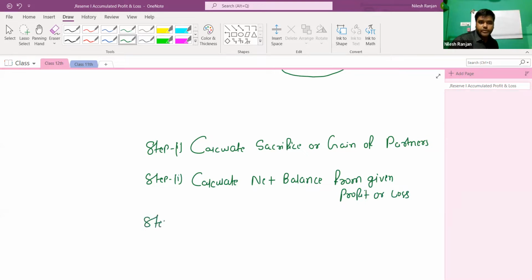And step 3 will be multiply the net balance with the sacrifice or gain of each partner.